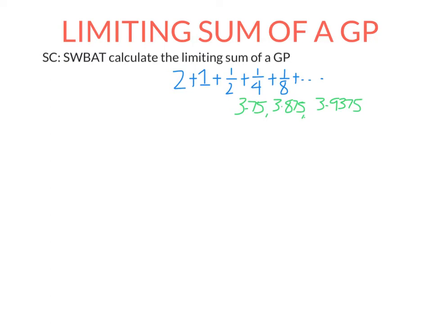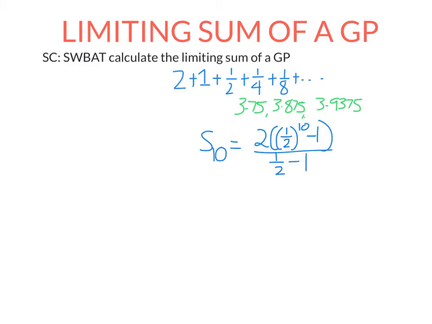So let's calculate a few more partial sums. If I wanted to calculate the sum of the first 10 terms, well, using the sum of a GP formula, it's a, the first term, times r to the power of n minus 1 over r minus 1. So r here is a half.